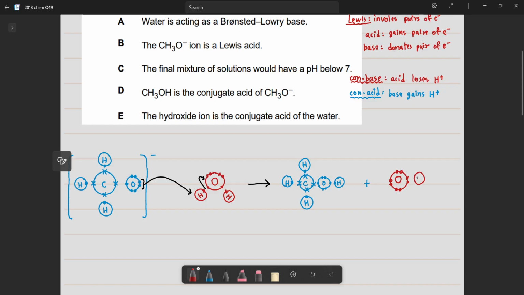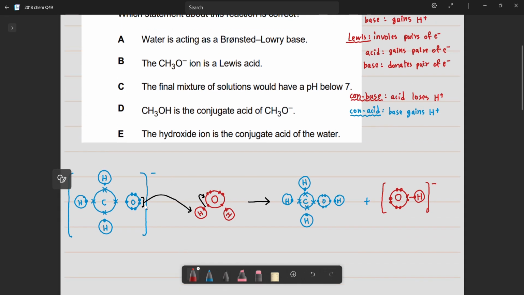It has an overall negative charge since it's a polyatomic ion. So this is hydroxide.